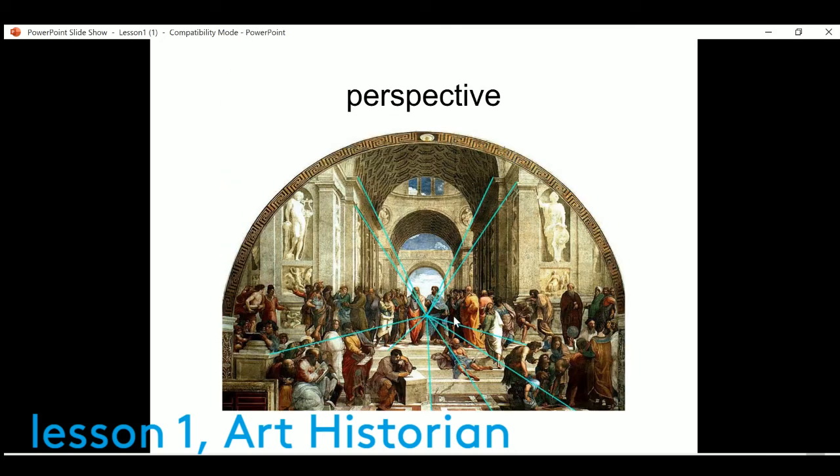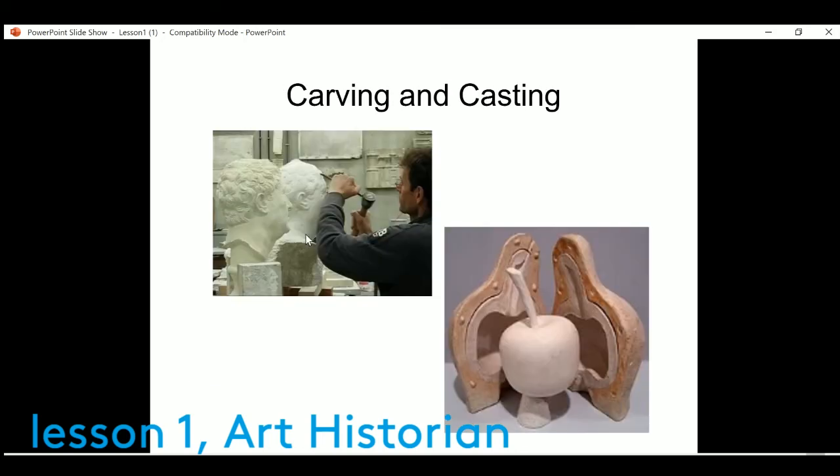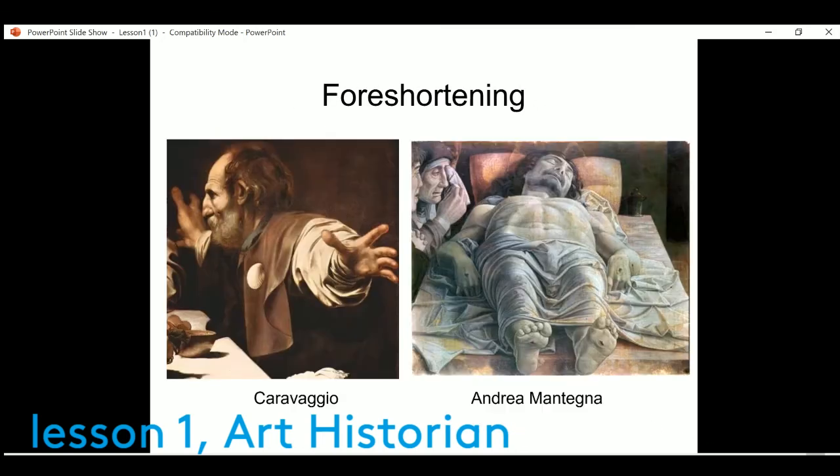So perspective is, this is Raphael's School of Athens. They use a lot of perspective. This is what we call one point perspective. Foreshortening is something like the protrusion of your hand going towards the viewer. So this is Caravaggio's foreshortening.